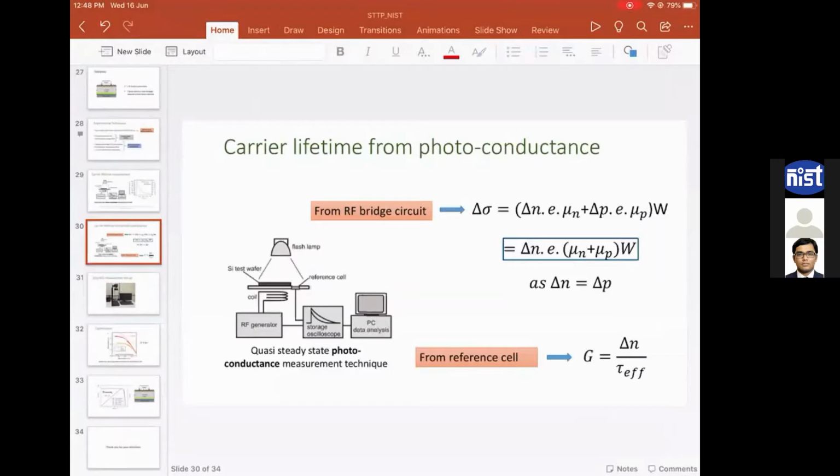You have shown the carrier lifetime measurement for the bulk. If I want to measure the minority carrier lifetime for a monolayer or few layer substrate, is that the same equation I should follow, or is there another kind of mechanism?